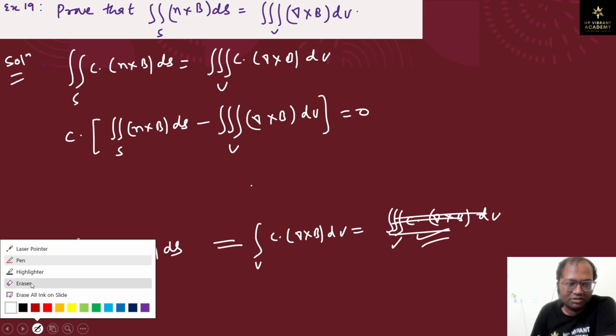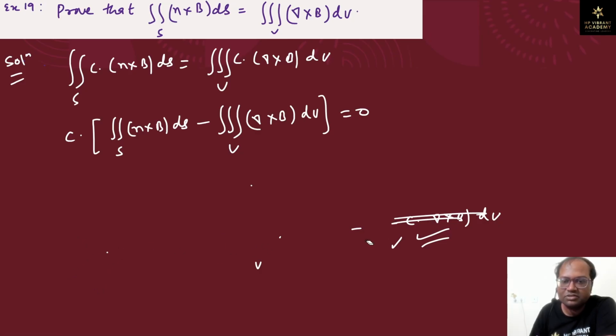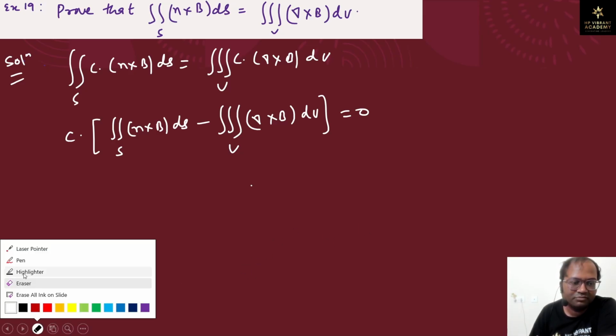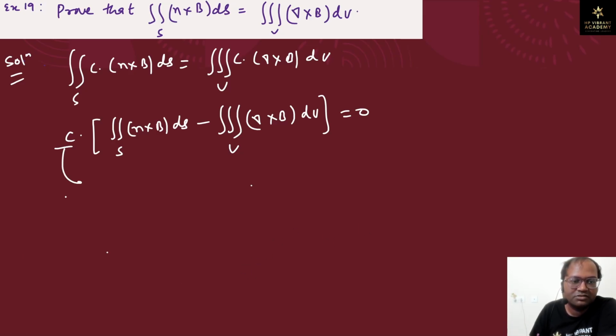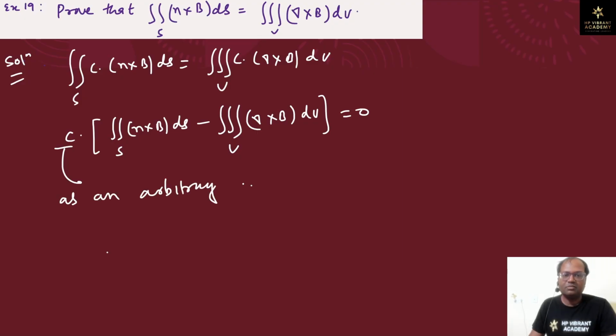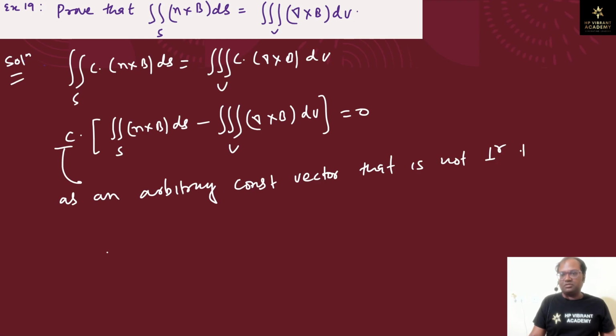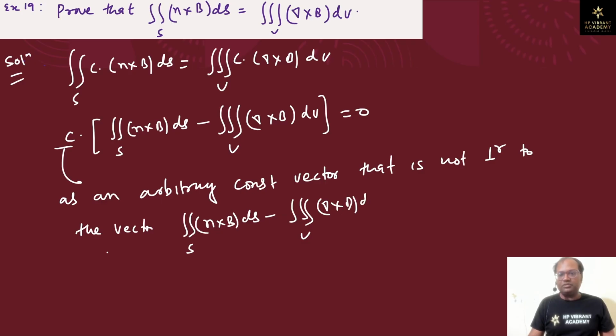Let us consider c as an arbitrary constant vector that is not perpendicular to the vector, surface integral n cross b dS minus volume integral del cross b dV.